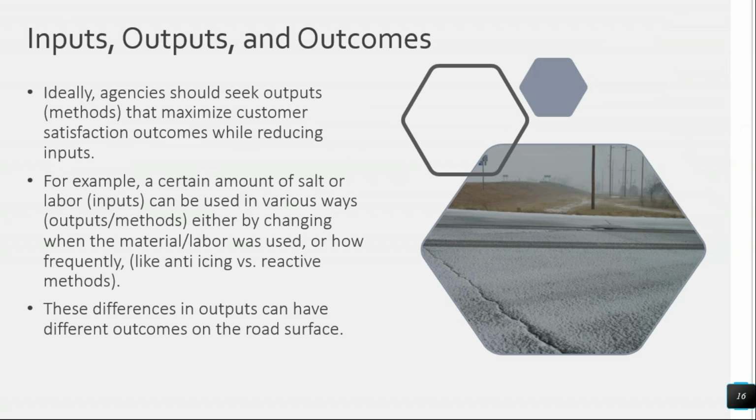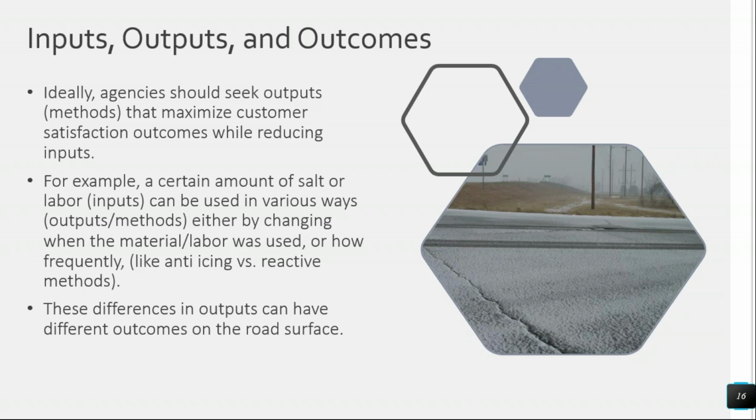So really quick, I just wanted to go back and say, okay, we talked about inputs, outputs, and outcomes a little bit, with just some quick examples of where we can find some of this information. And ideally, your agency should seek outputs that maximize your customer satisfaction outcomes while reducing the inputs.